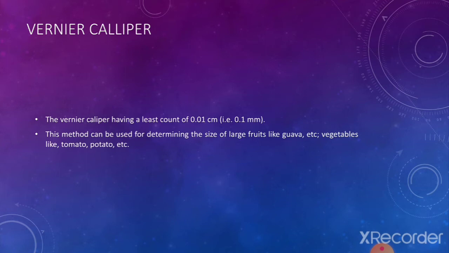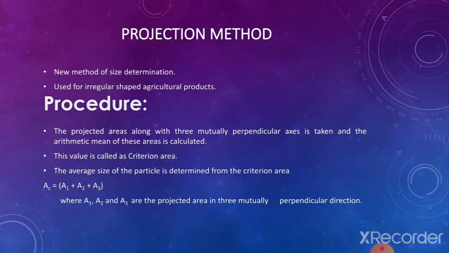This method can be used for determining the size of large fruits like guava, and vegetables like tomato, potato, etc. In other words, the micrometer screw gauge is used for determining the dimensions of grains, and the vernier caliper is used to measure the dimensions of large objects like fruits and vegetables. The method of measuring dimensions with a vernier caliper is the same as discussed for the micrometer screw gauge.